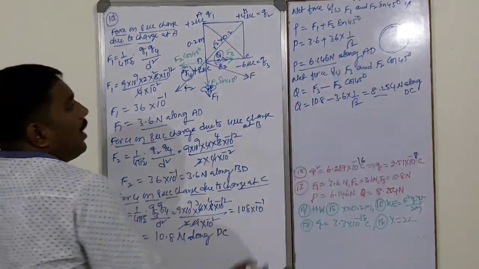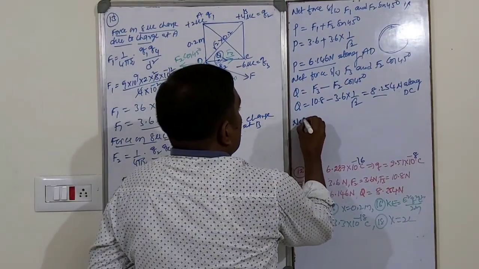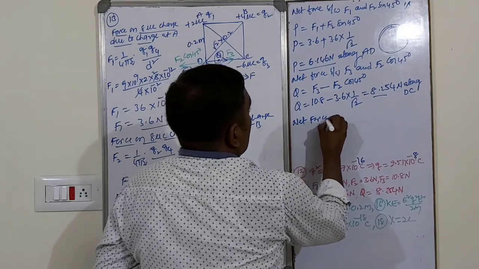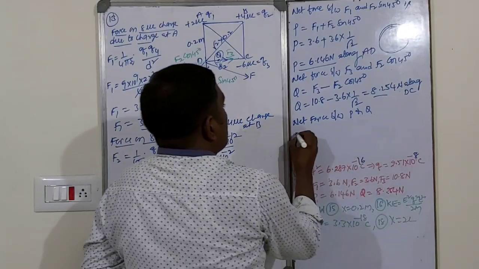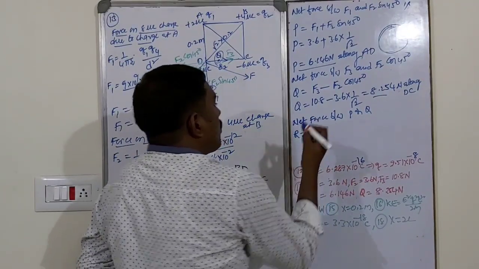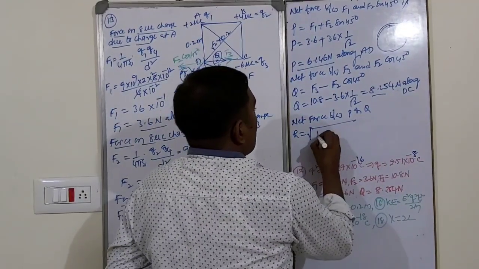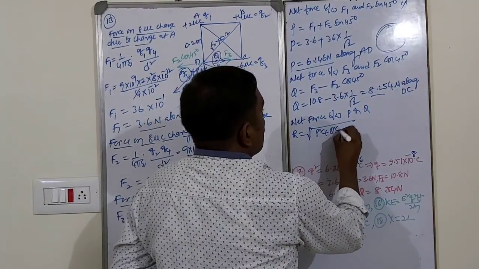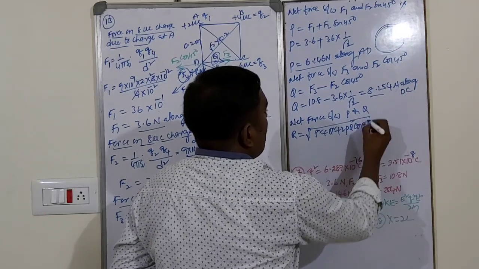Okay, the final net force between P and Q, which I call R. The final resultant force R is equal to the square root of P squared plus Q squared plus 2PQ cos 90 degrees.